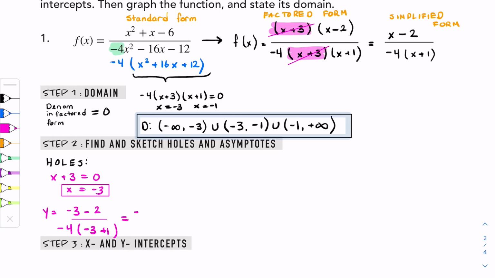This is equal to negative 5 divided by negative 4 times negative 2, which is positive 8. So negative 5 over 8 is your y value. That tells us that the hole is at negative 3, comma, negative 5 over 8.